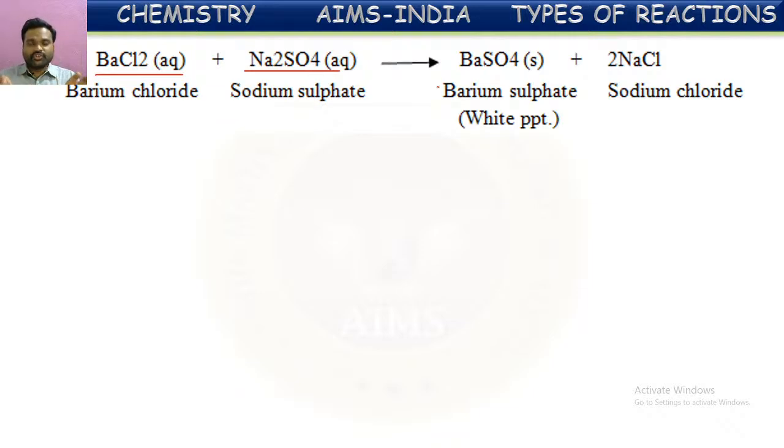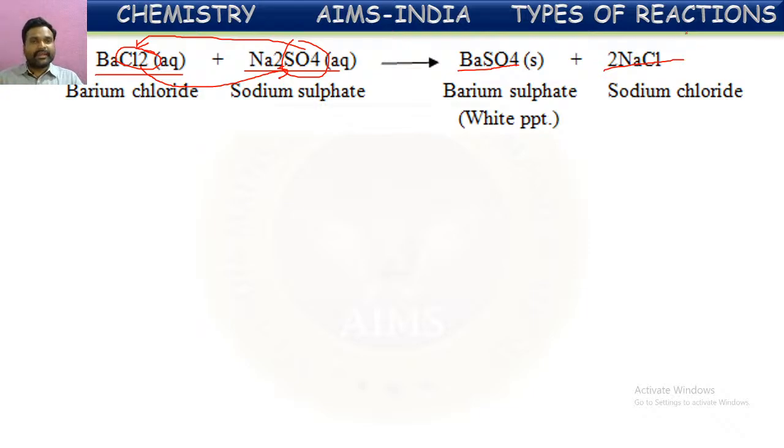When these two solutions mix with one another, the sulphate ion will come and combine with barium, and the chloride ion will come and combine with sodium, and hence they form barium sulphate and sodium chloride, two new compounds. So what happened here? A mutual exchange of ions happened, and hence two new compounds are formed.